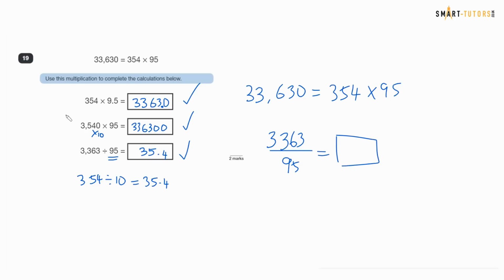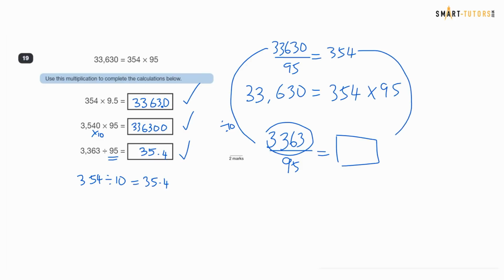From the question given, 33,630 divided by 95, you can say that is 354. So the top number from here to here is divided by 10. So you have to do the same thing for this one. So divide the answer by 10. So 354 divided by 10 is 35.4. Well done. Question number 20.